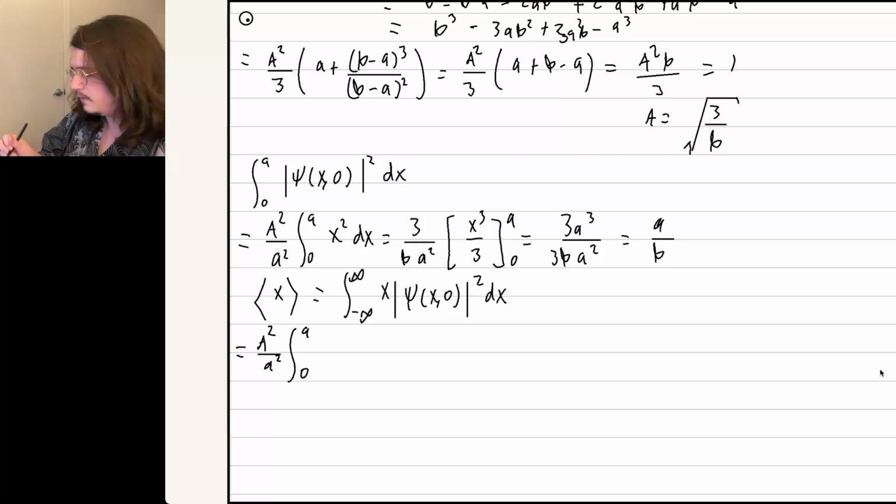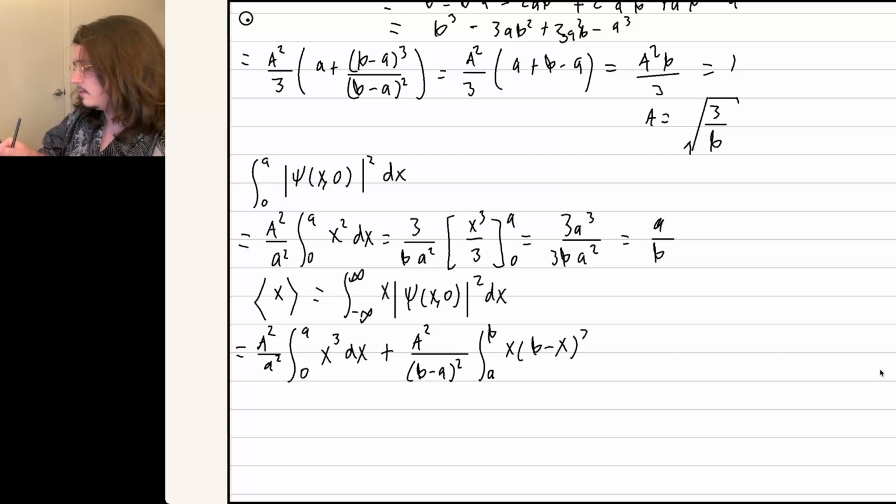0 to a, just x cubed dx, and then capital A squared over b minus a squared, integral from a to b, x times b minus x squared dx.